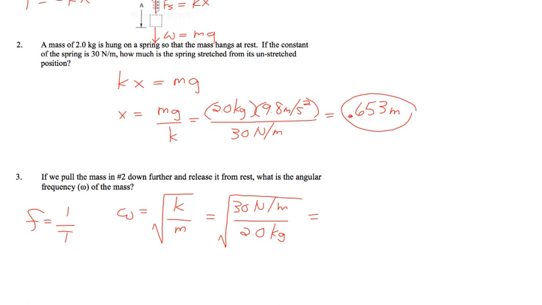And the units for frequency would be seconds to the -1 or hertz. But the units for omega are radians per second. And if you solve it, that's like the square root of 15. And that comes out to be, I got 3.87 radians per second.